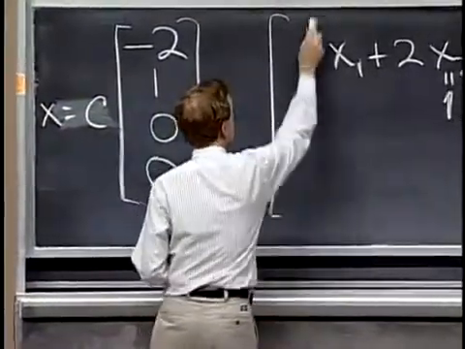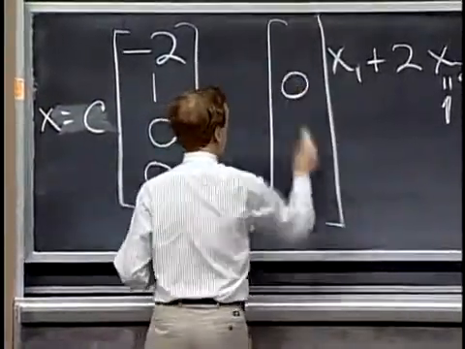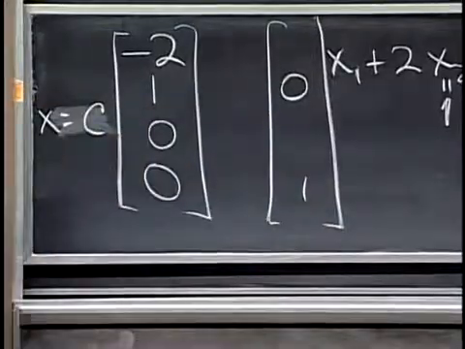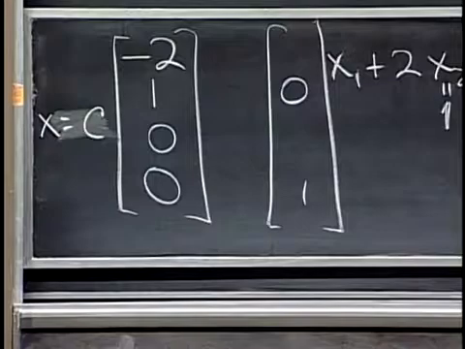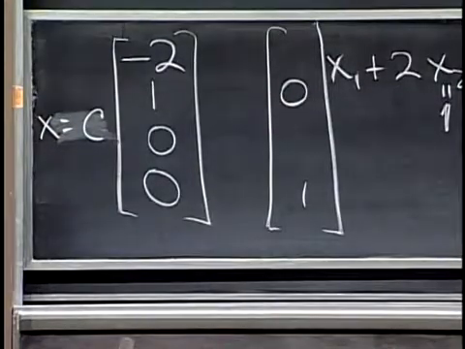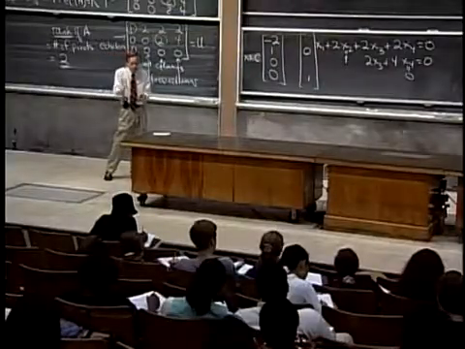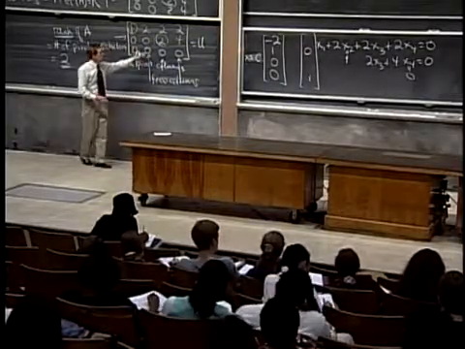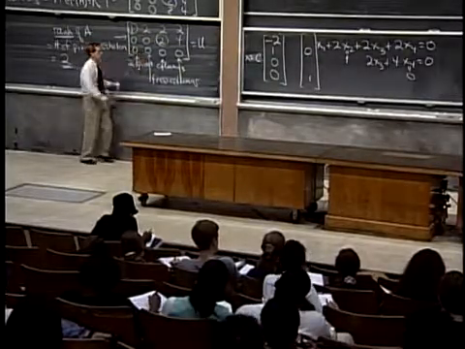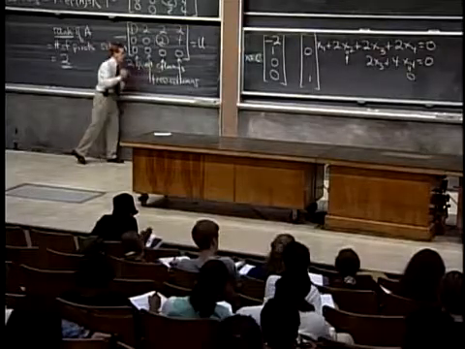Let me make the other choice 0 and 1. You see my system. So let me repeat the system. This is the algorithm that you just learned to do. Do elimination. Decide which are the pivot columns and which are the free columns.